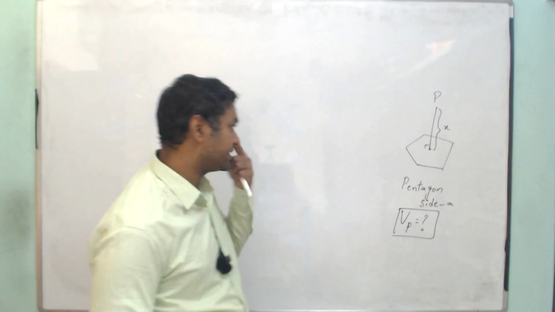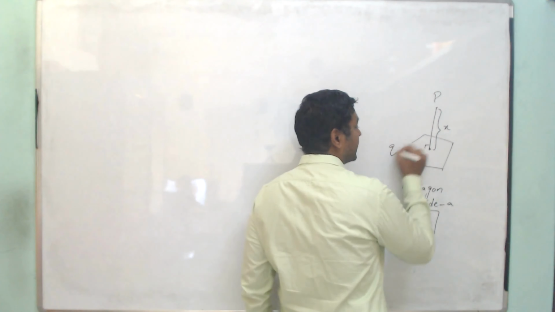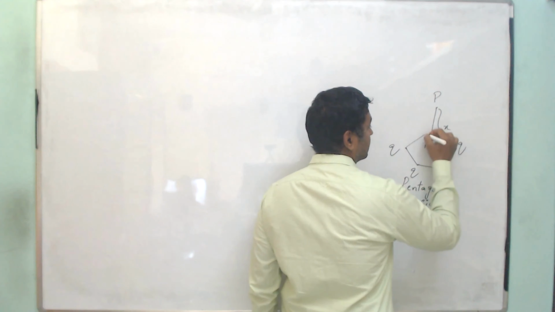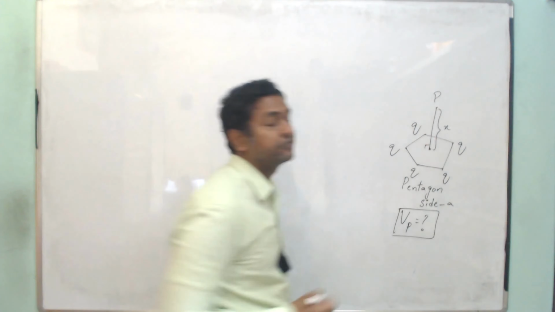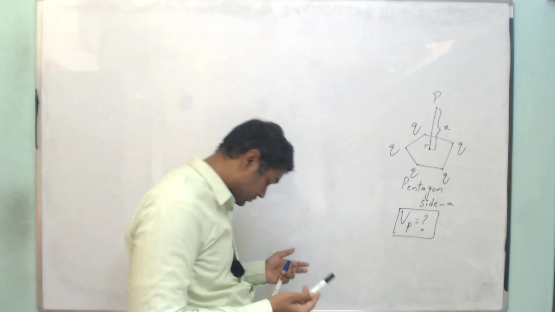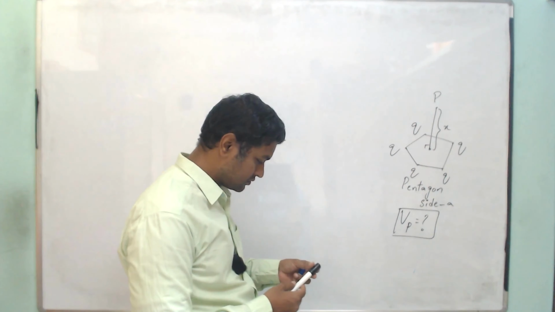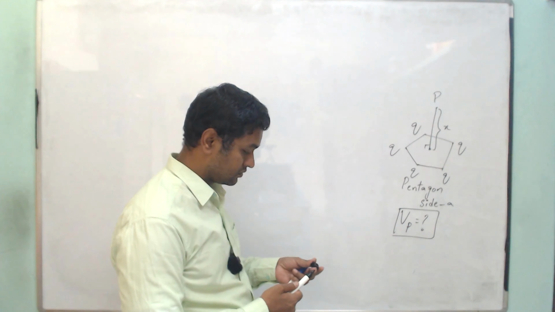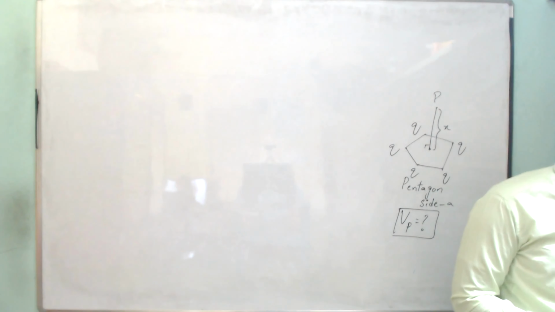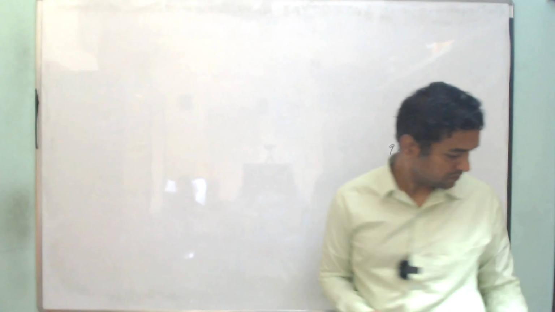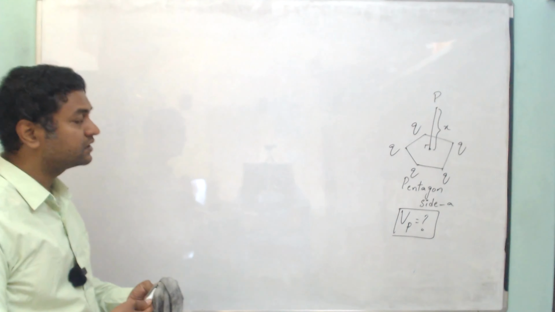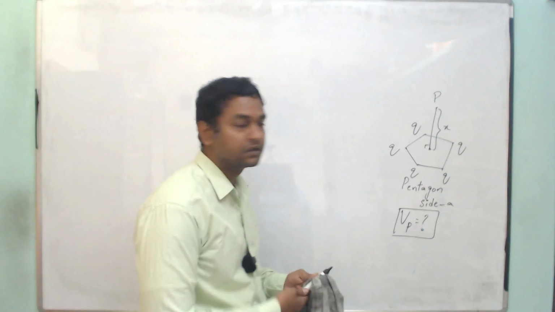There are 5 identical charges. If you write the potential at point P, won't it be infinity? Only if there is a charge at point P, then it will be infinity.